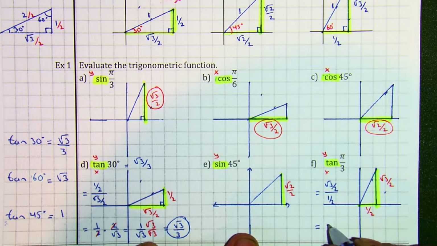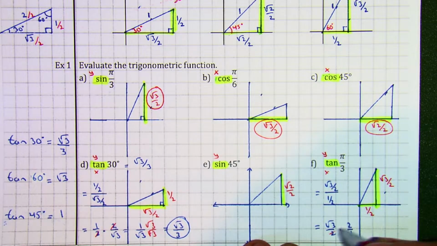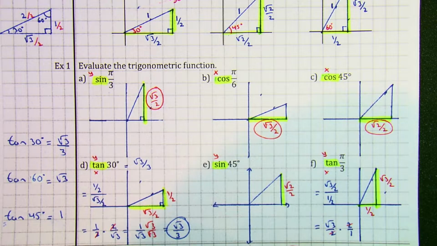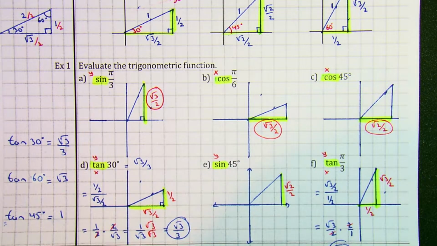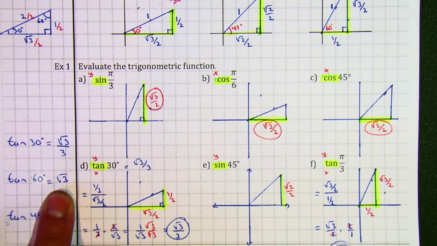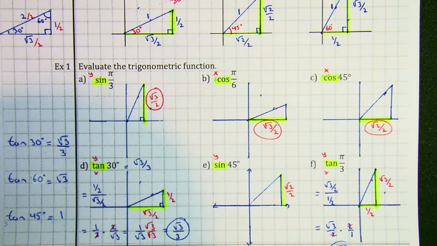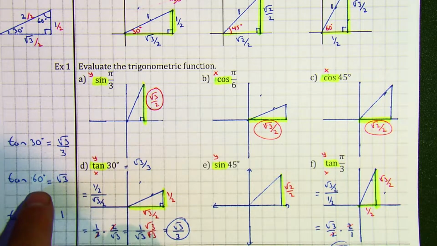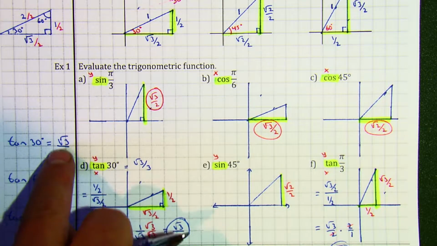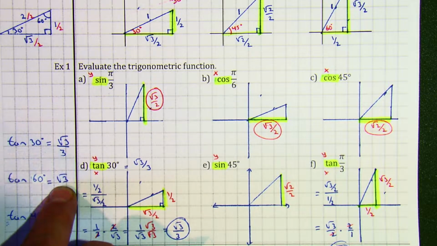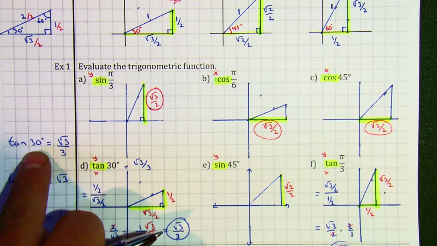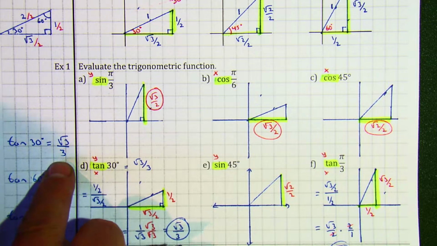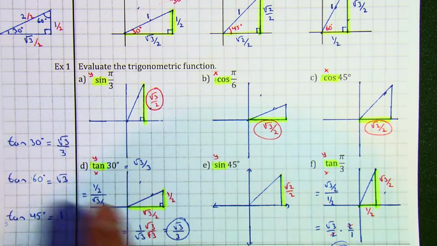I'm going to change it to the reciprocal, 2 over 1. My 2's cancel. So therefore, that is equal to the square root of 3. Right? So it is best to memorize that, okay, tangent of 30 versus tangent of 60. I know that they both involve the square root of 3, and I just think, which is the smaller one? Tangent of 30. So therefore, that one gets divided by 3.